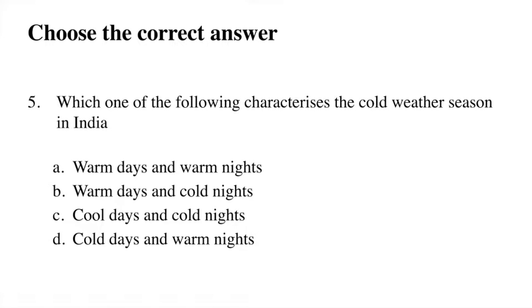This winter season is not characterized by warm nights, so warm nights is the wrong option for cold weather season. Warm days and cold nights, that is the right answer. Days are warmer and nights are cold. That is the peculiar characteristic of cold weather season. Cool days, cold nights, that is wrong. Cold days, warm nights, that is also wrong. Option B is the right answer.